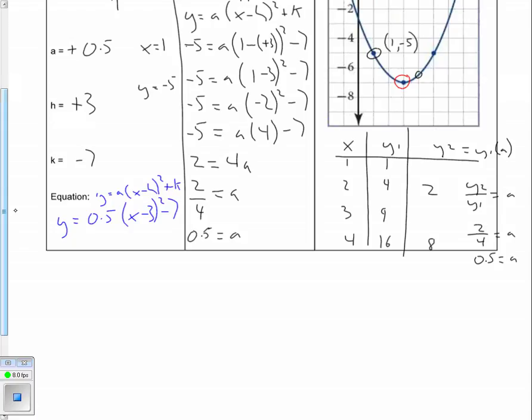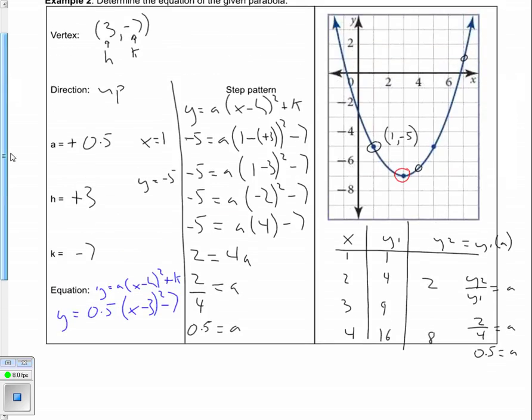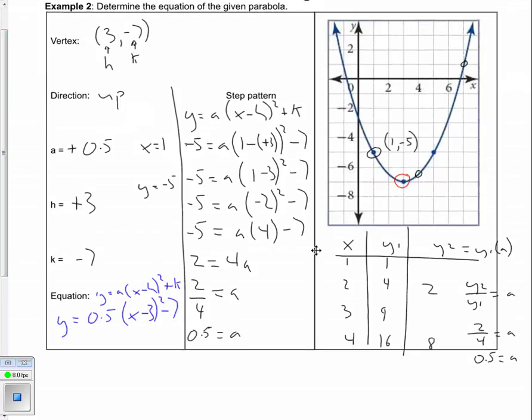Okay, so a couple different ways to go about actually figuring out what the equation of a line is, or equation of a parabola is from just a graph. You can either use the step pattern or you can use algebra if you have 2 points on the line that you can identify. If you have the vertex and a different point on the line.